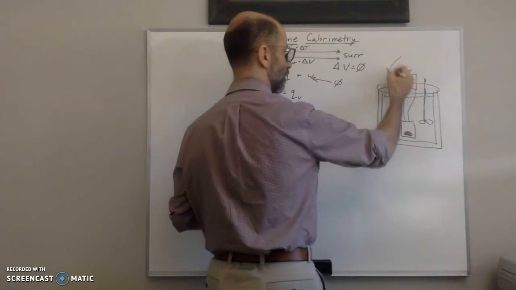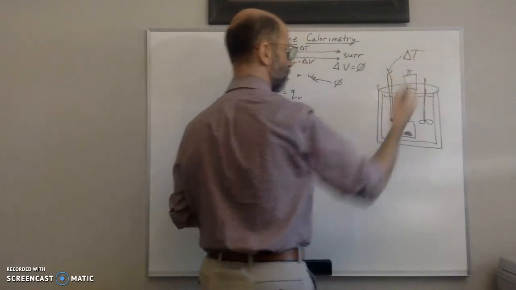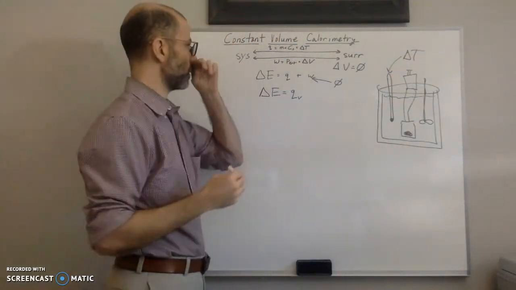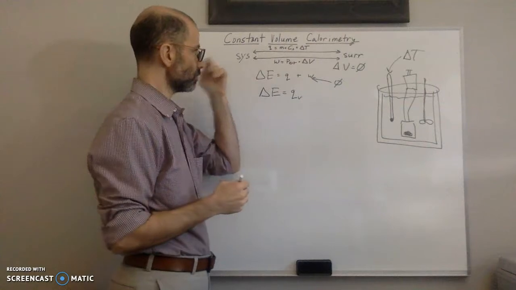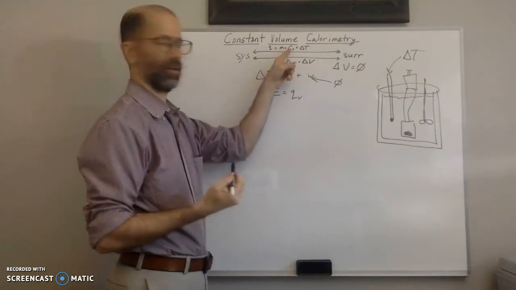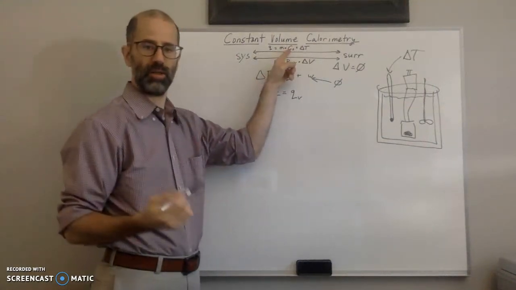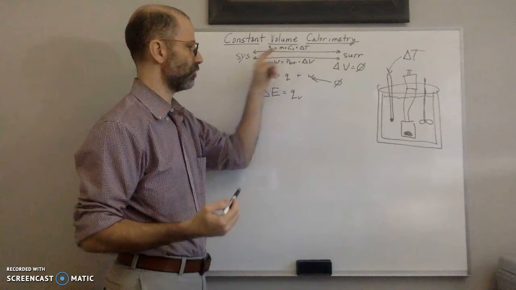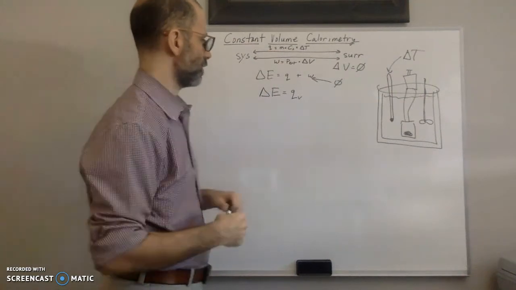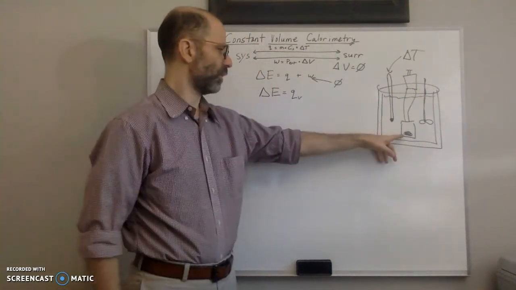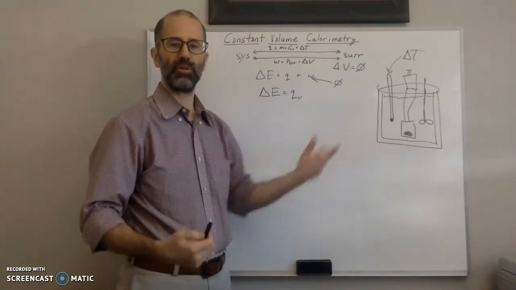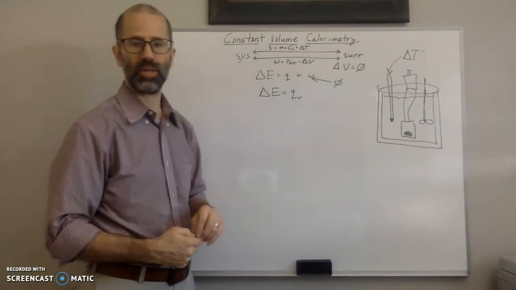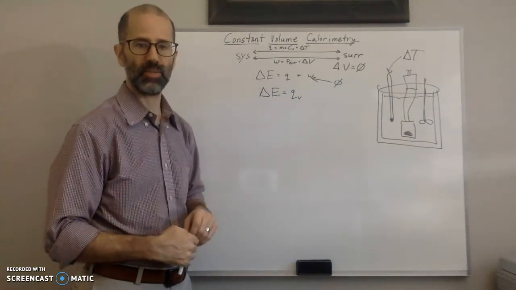So then you can get the change in temperature from there. You'll know the specific heat of the water, right? And you'll know the mass of the water, and so on and so forth. You'll be given the mass of the sample, so you can figure out what the heat of the reaction is as well.